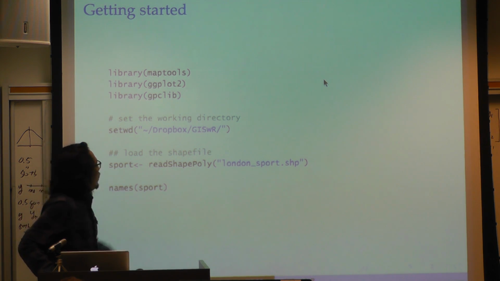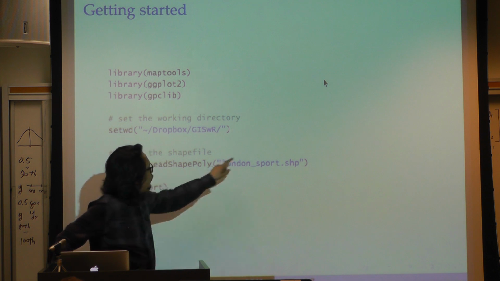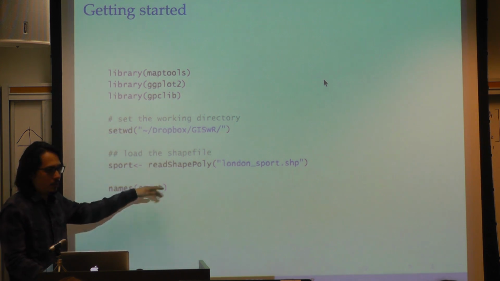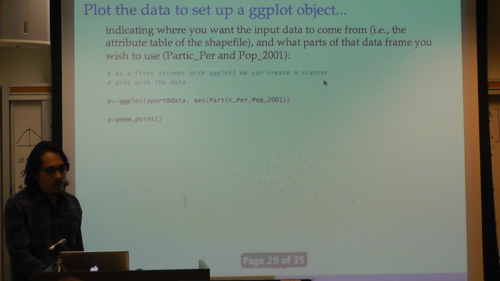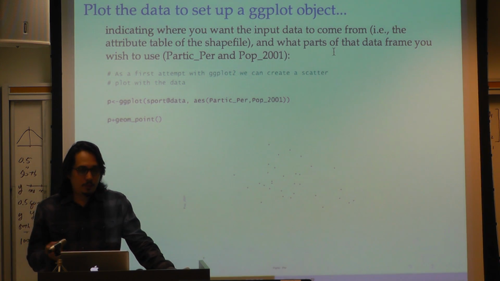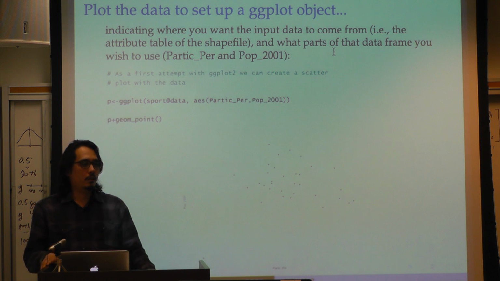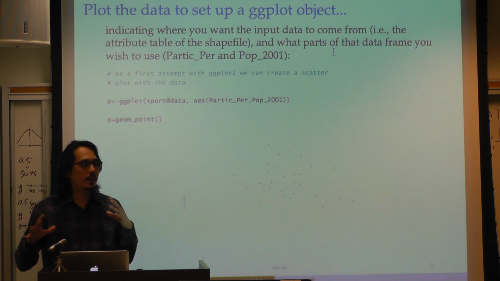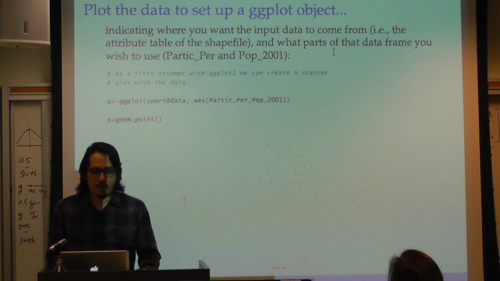But in any case, I'm using this function again to read the shapefile, and I'm going to call this sport. You type the name sport, and you can see the headers. The nice thing about using ggplot is that you can also explore the different ways the data will be mapped before creating the map.